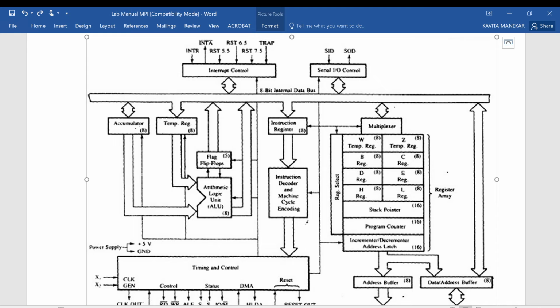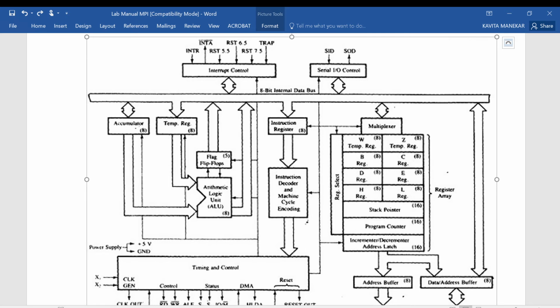W and Z are temporary registers which cannot be used by the user, only by the processor. If we have to use 16-bit data, we can use the general purpose registers in pairs like BC, DE, HL.